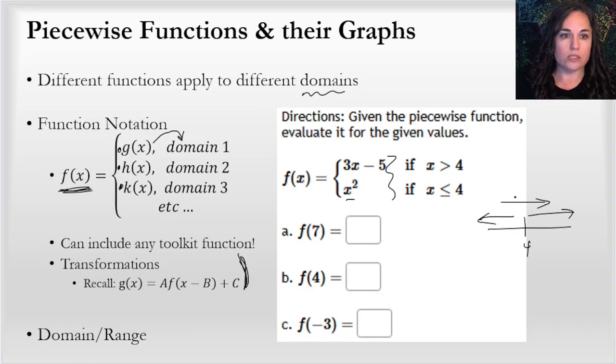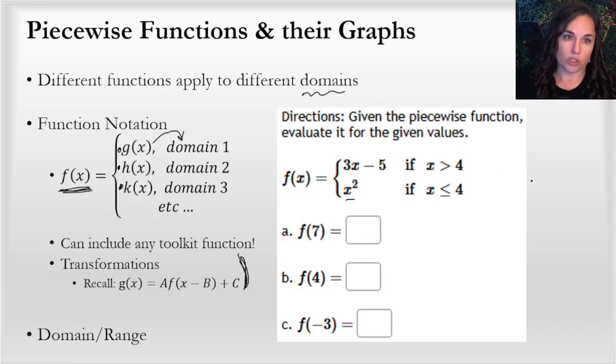I wanted to do this example here to give an idea of what's going on with piecewise functions as we're looking at them. The instructions say, given the piecewise function, evaluate it for the given values. What I'm going to note about this example that I chose is I don't like it necessarily, because often when we do these domains, we go from the lowest value of x to the highest value of x.